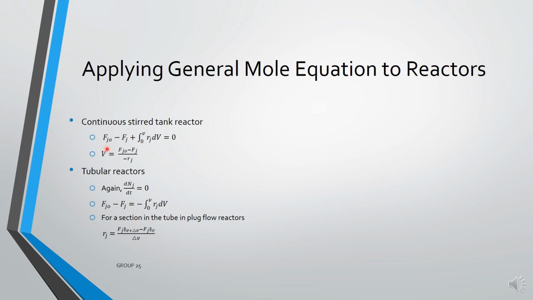And so the equation for the continuous stirred tank reactor will be equated to 0. Chemical engineers are interested in the volume of reactants or the volume of the contents of a continuous stirred tank reactor. And so we get this equation.